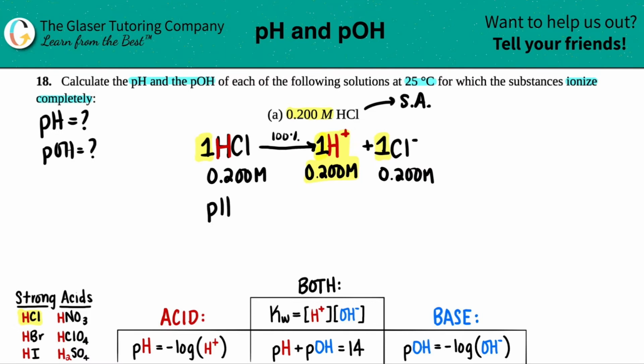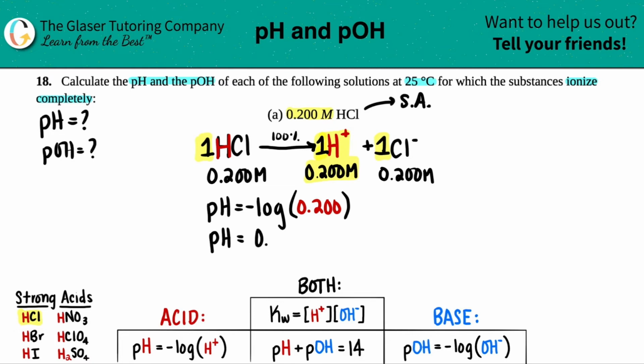So I'm going to use this information to find out the pH. So pH equals the negative log of that H plus concentration, which we now know was 0.200. So pH equals negative log of 0.2, basically. And since we have a total of 3 sig figs here, the way that the pH sig figs work is that you need to have 3 sig figs after the decimal.